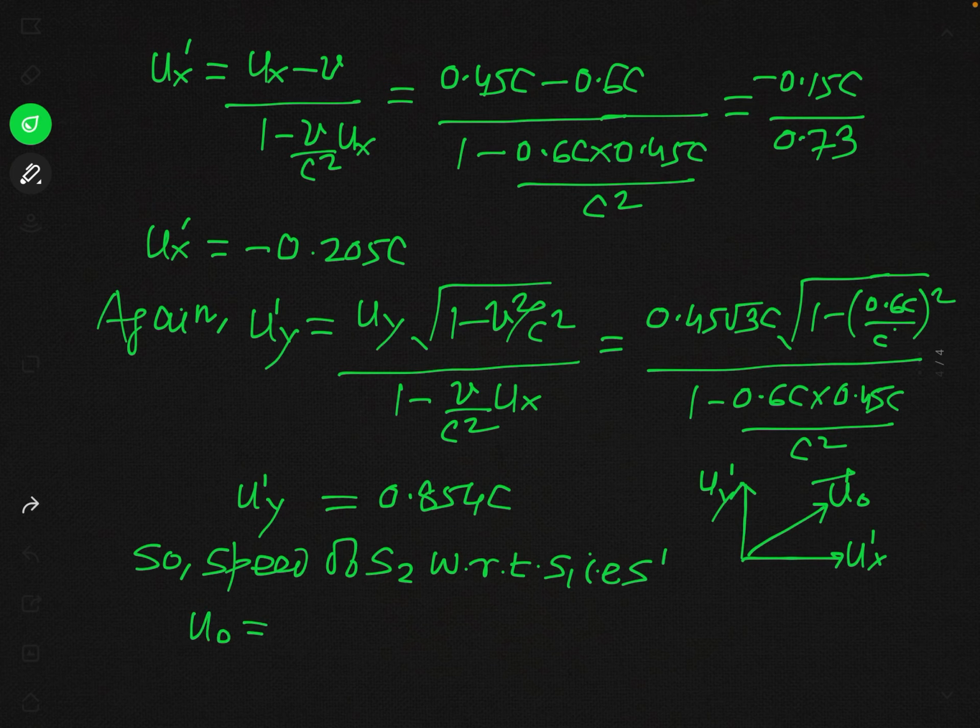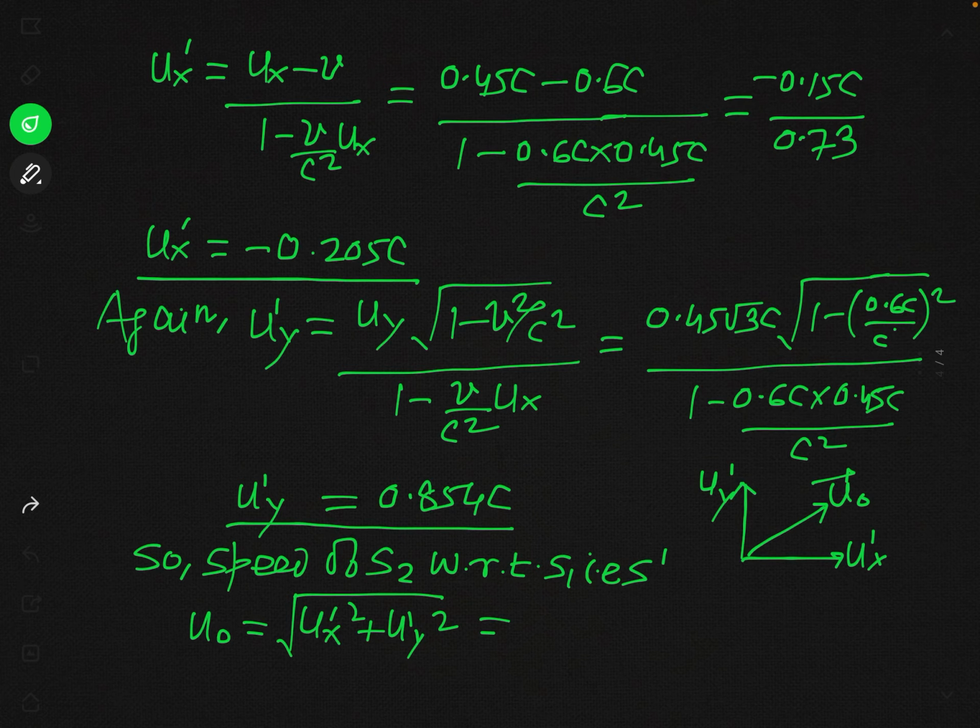So you can see from this figure that u naught will be simply the square root of u prime x square plus u prime y square, and we will substitute the values of u prime x and u prime y which we have obtained here. You can see here that u prime x is minus 0.205c and u prime y is 0.854c.